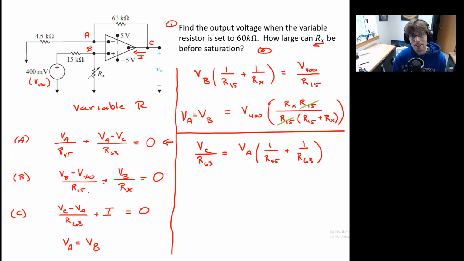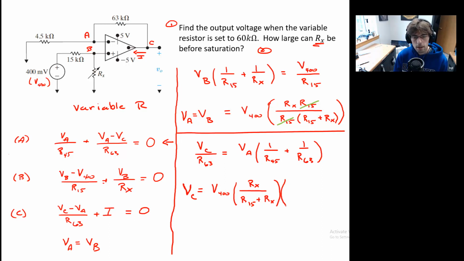Oh, that's going to look ugly, isn't it? Such is life. So here we go. We'll substitute in our expression for VA. So we have the potential at node C is equal to V400 times Rx over R15 plus Rx. So there's my potential at A.